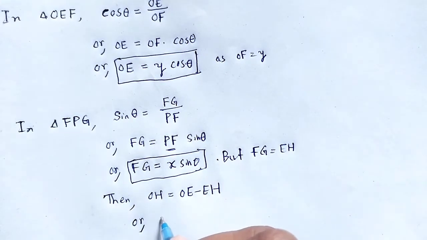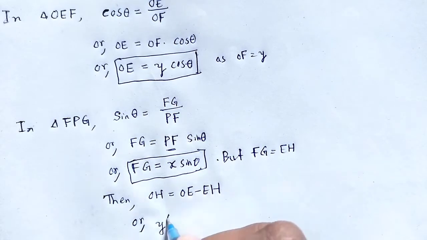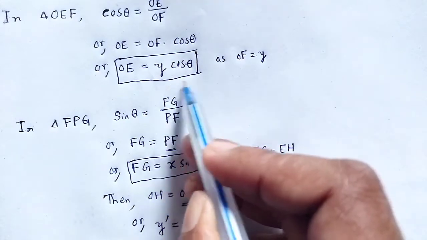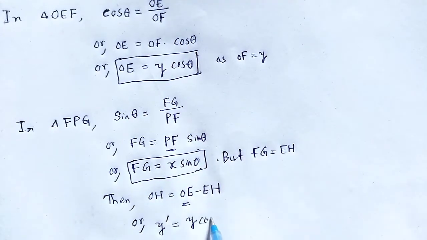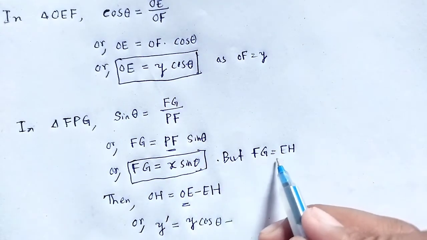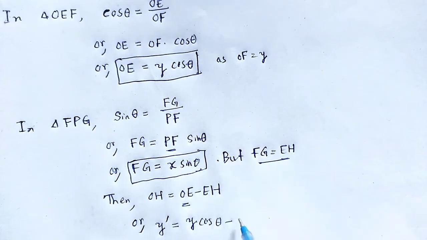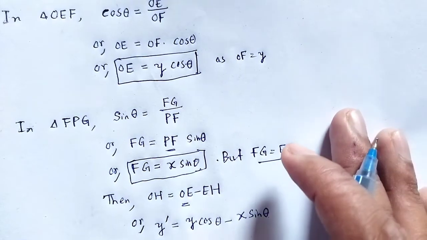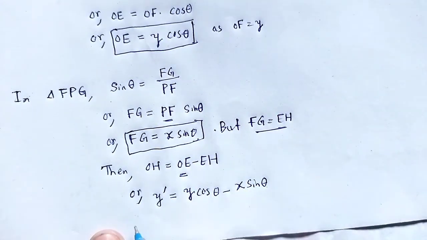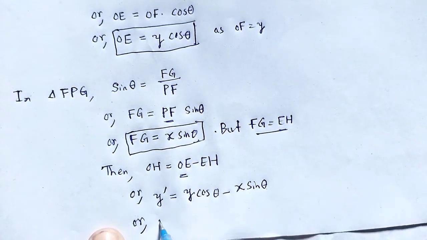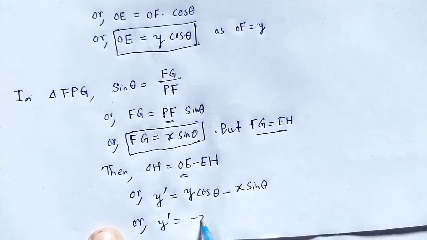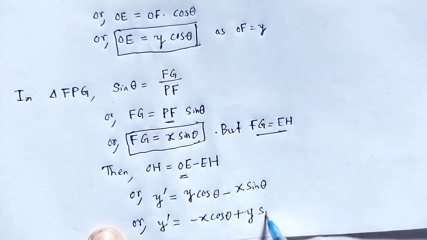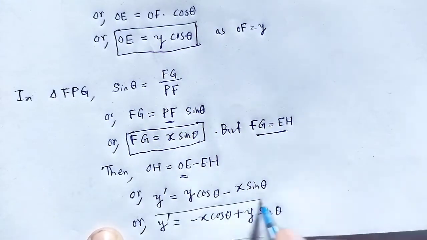OH is equal to Y dash, which is equal to OE Y cos theta minus EH, which is equal to FC, that is X sin theta. For our convenience, we can write Y dash is equal to minus X sin theta plus Y cos theta.